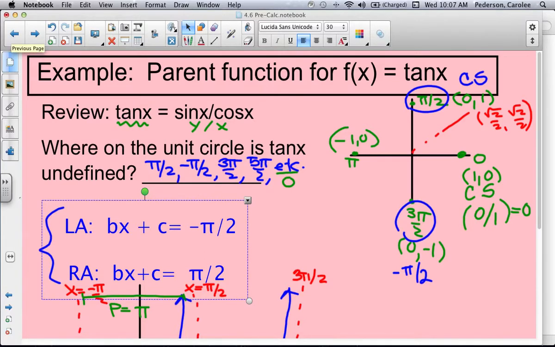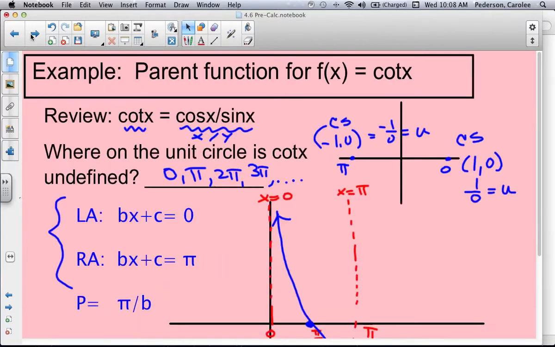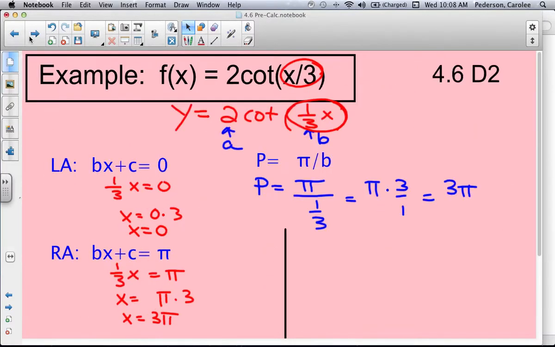Because when we graphed the tangent function, tangent is found by sine over cosine, so you take 1 over 0, which is undefined, or negative 1 over 0, which is undefined at negative pi over 2 and pi over 2. The difference with cotangent is now you're doing the opposite. You're taking cosine over sine. So in these two places, 1 over 0 and negative 1 over 0, the function is undefined. So my left and right asymptotes will be different depending on my function.